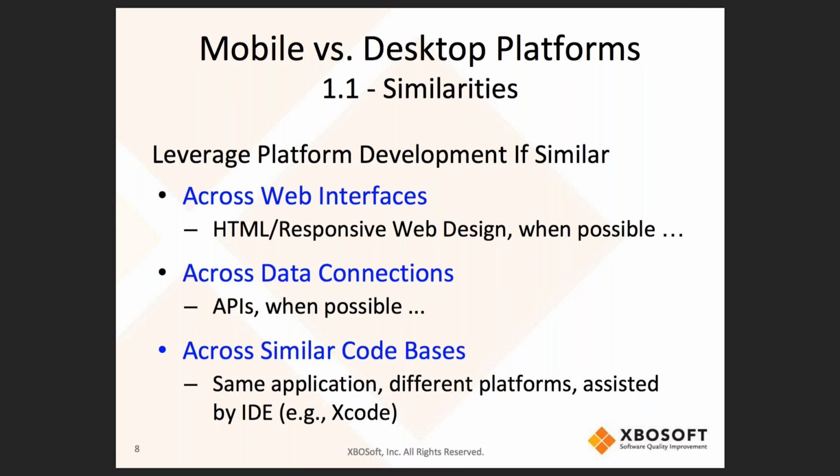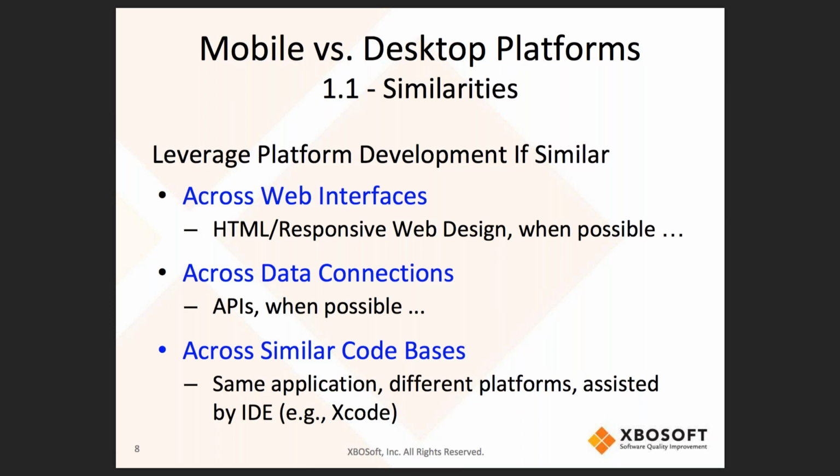You also want to be able to work across data connections via, let's say, APIs that connect to your application. Take advantage of those. So if there's a specific API that a mobile application calls out, a desktop could call on that same one. And while it might be handled a bit differently with regard to its presentation, you can take advantage of the connection. And then finally, across similar code base.